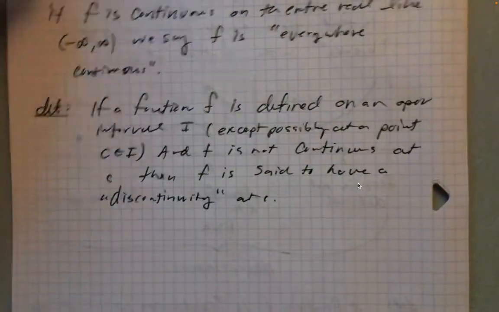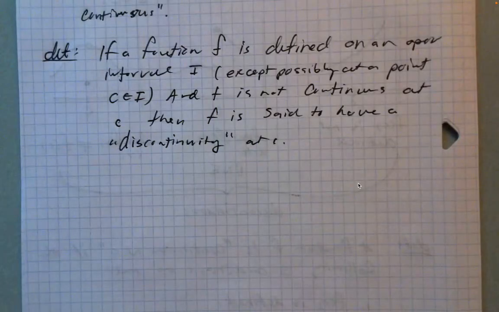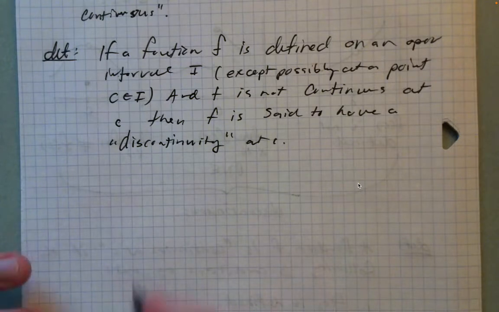So if you have a function that is defined on an interval, except possibly at a single point c, but there exists a point in there where f is not continuous, then we call that point a discontinuity.